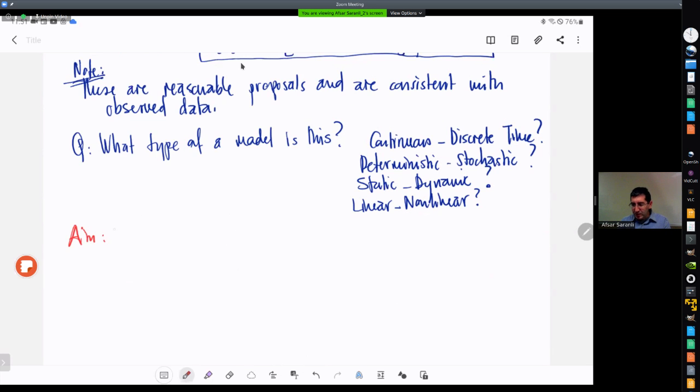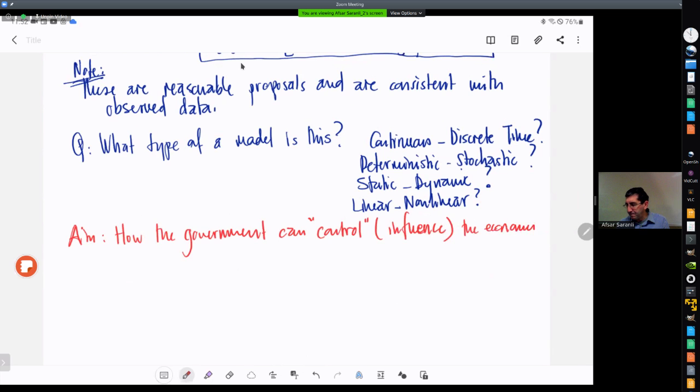So the question is how the government can control, or we might call it influence, the economy by different interventions.